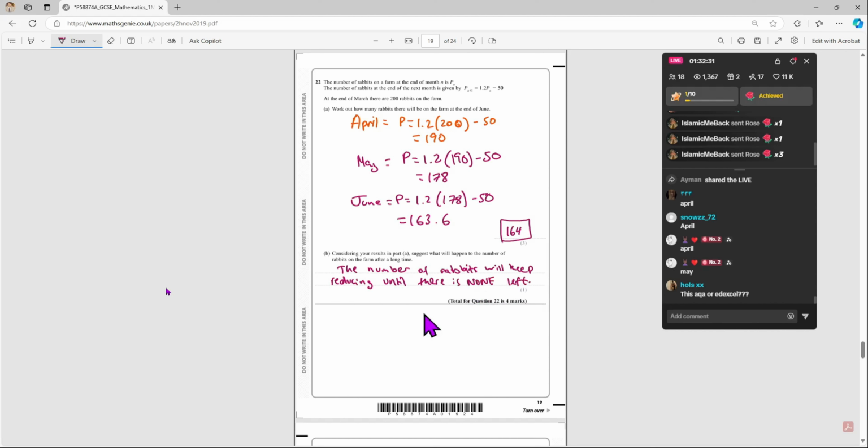This is Edexcel. So that was an easy question. I found iterations are quite easy.